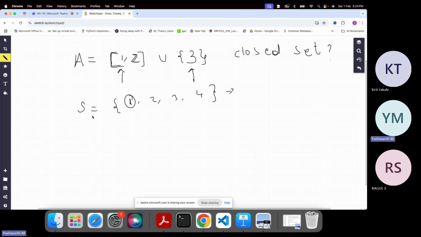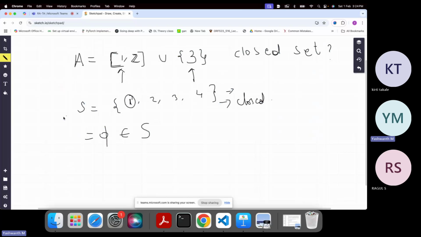So what are the limit points here? The set of limit points is nothing but the empty set, right? But the empty set belongs to every set, right? The empty set is a subset of every set, so that's why you call this closed. I mean, sort of by vacuous truth, but yeah.